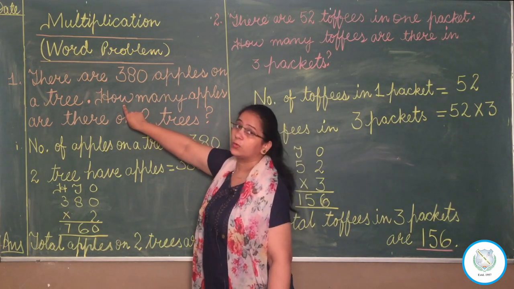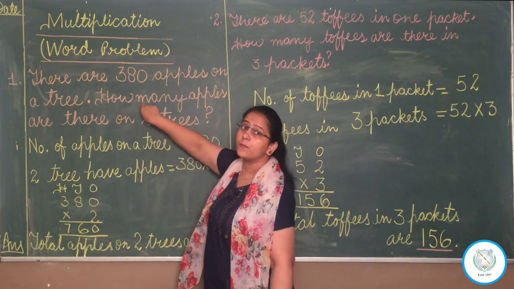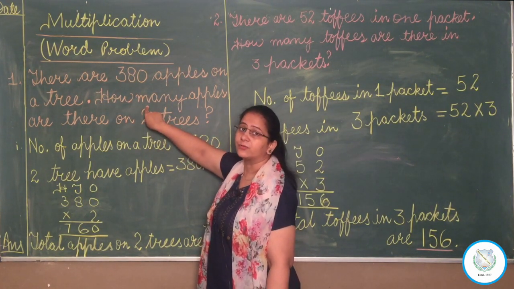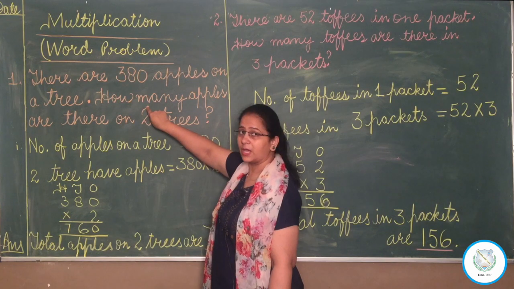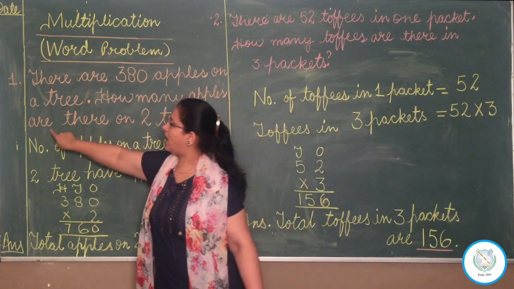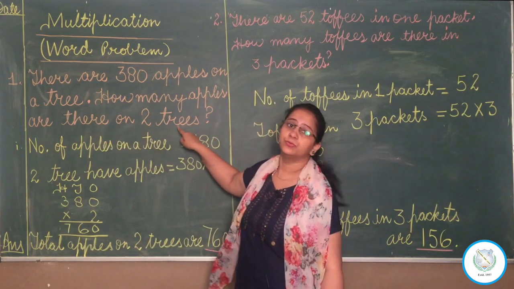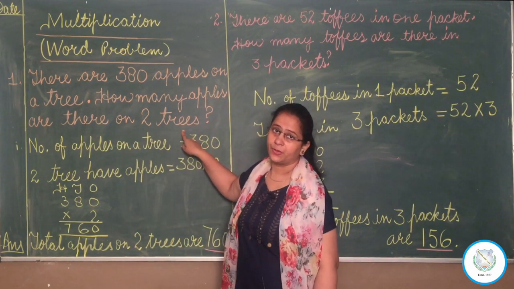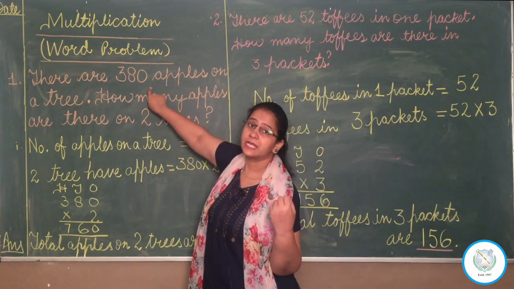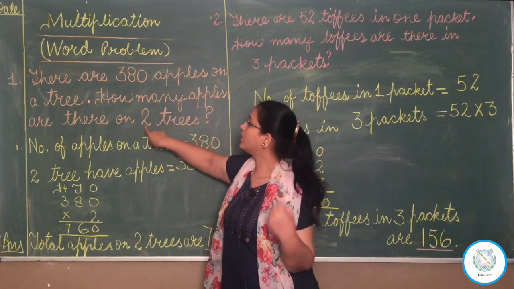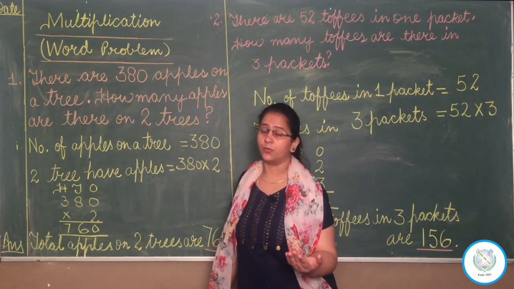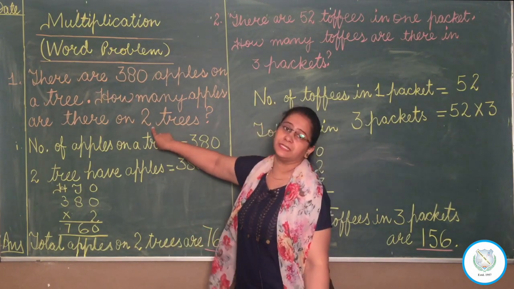Now see, the question is how many. When this word, how many, comes, you have to multiply. Okay, how many apples are there on two trees? One tree has 380 apples. Now this question is saying you just find out the total apples on two trees.